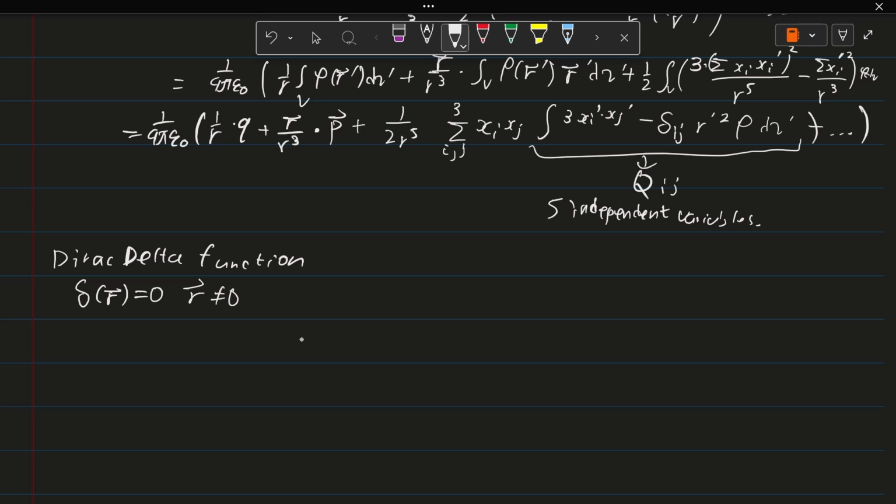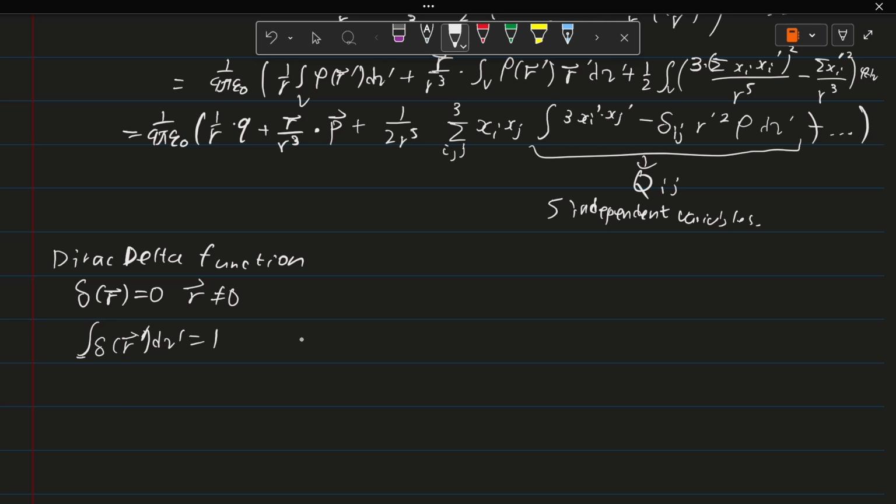And it also has the property that when you integrate this for all of space, the Dirac delta of r vector prime, dv prime, would be 1. So basically, if you try to figure out the volume of such function, the volume would be 1, even though at every point it is 0.